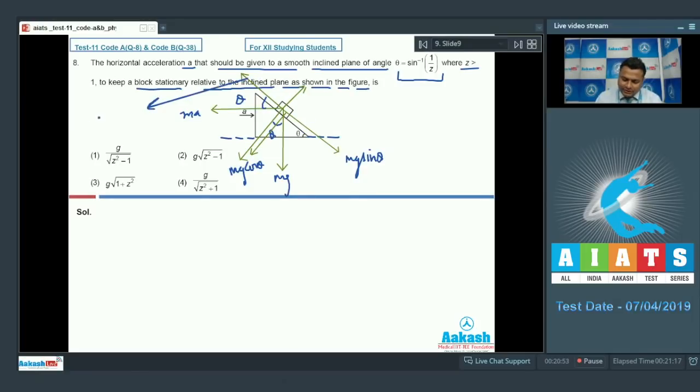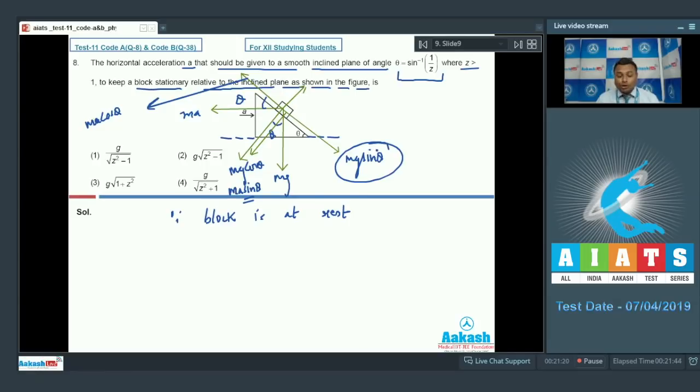So here this component will be ma cos theta and this one ma sin theta. These are the forces acting, and since the block is at rest, we can write mg sin theta.